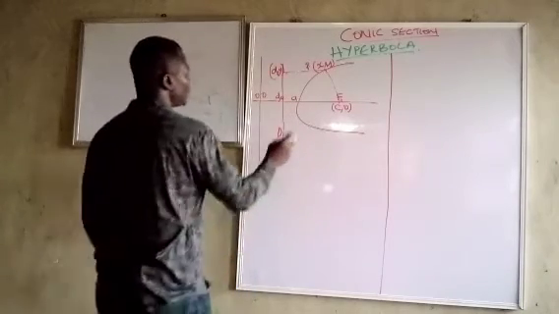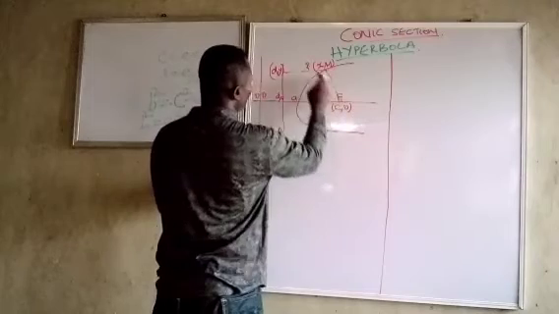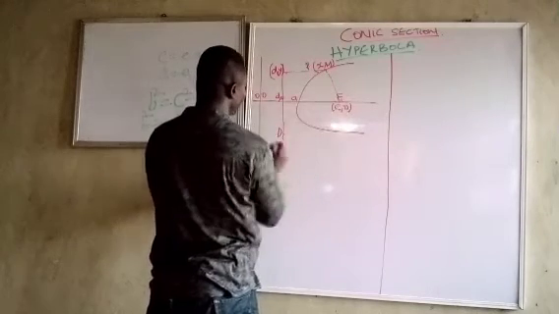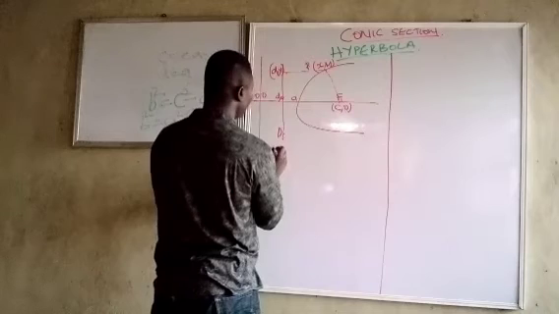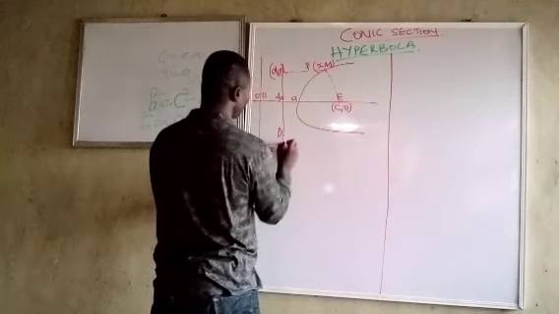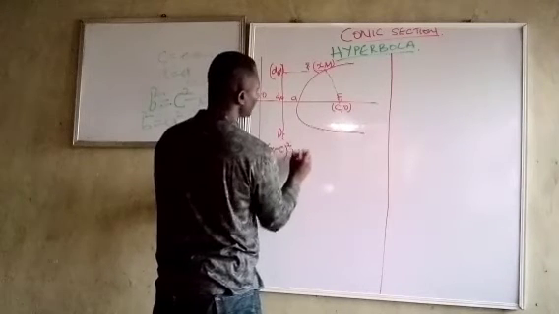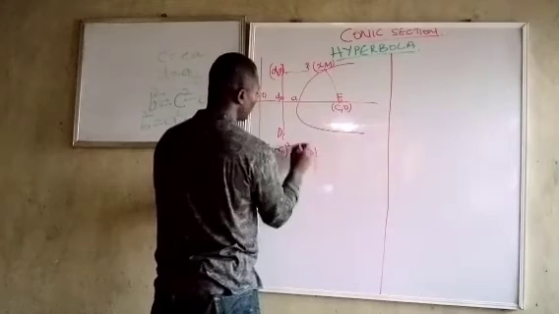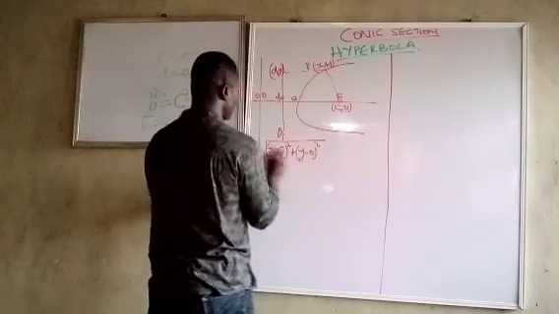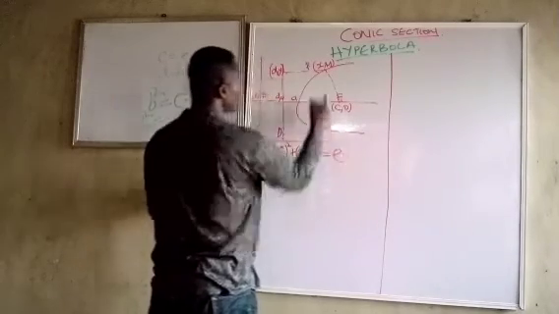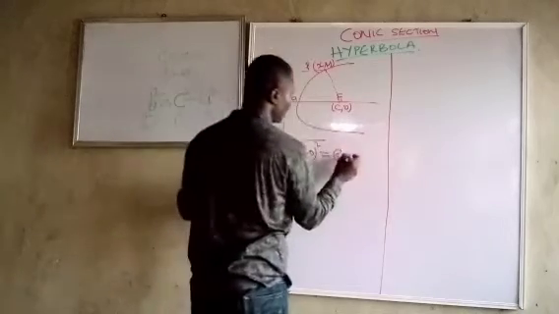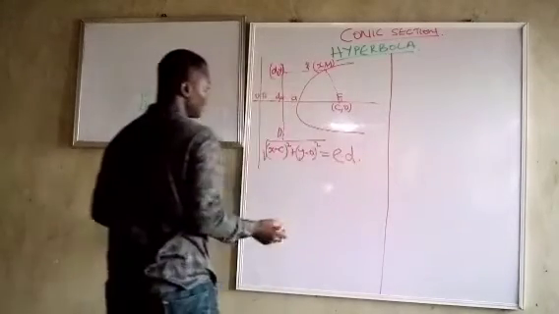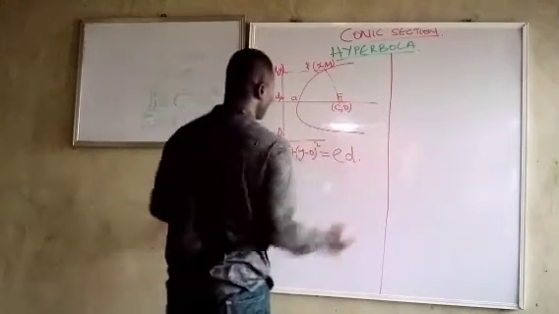So the distance of P from F1 will be the square root of x minus c squared plus y minus 0 squared, and it will be equal to e times the distance of this place to this place. They are the same height, so it will be ed. So let's square both sides.